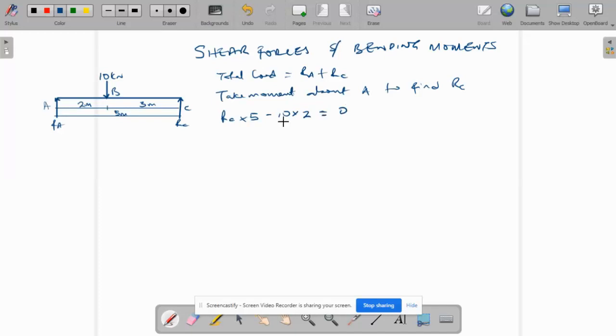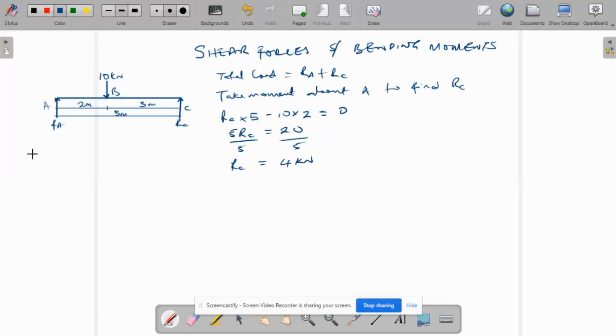Moving this to the right hand side, we have 5 reaction C is equal to 20. So we divide both sides by 5. Our reaction C will be equal to 4 kilonewton.